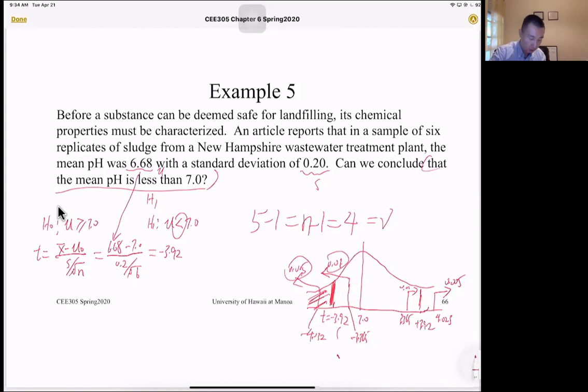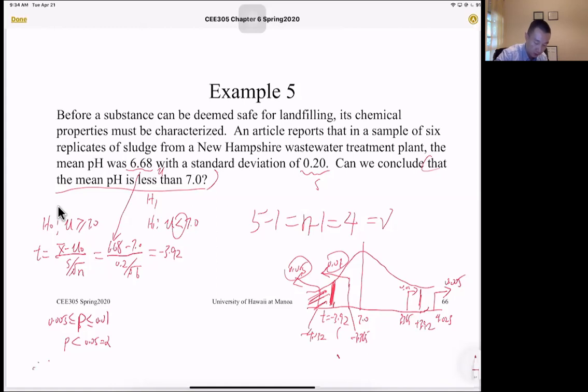So we cannot get the exact p-value, but we know it is between 0.005 and 0.01. That is good enough. So the p-value is less than alpha, so we can conclude that we can reject H0 and conclude H1 is true.